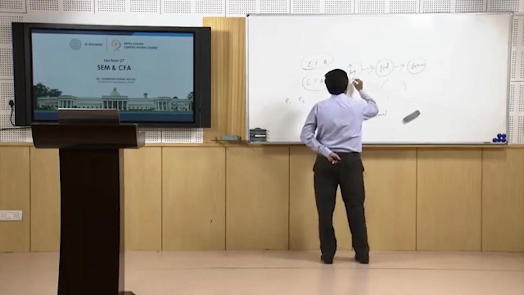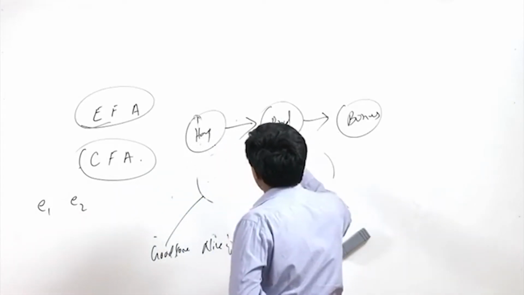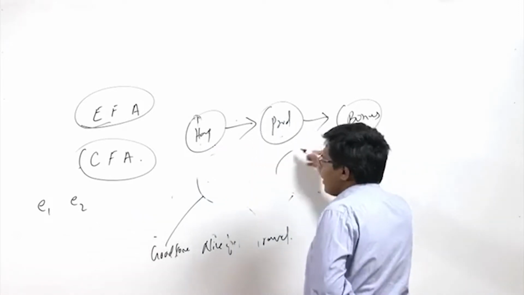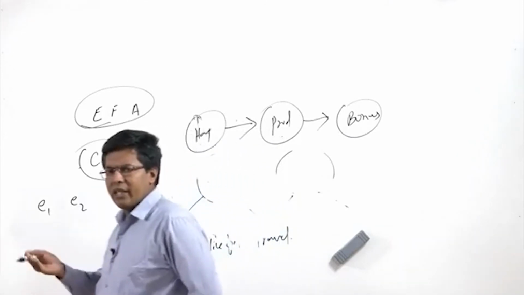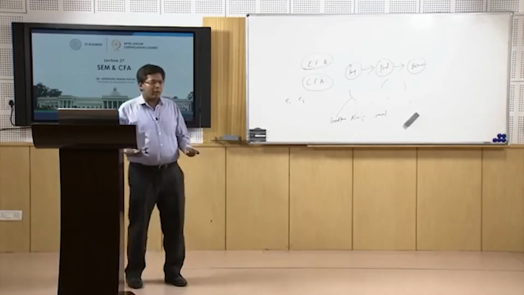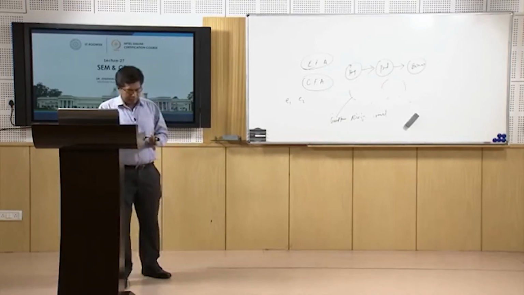Now, here A was behaving as an independent variable and B as a dependent variable, and then again they are reversing their job. Basically, the dependent is becoming independent and vice versa.